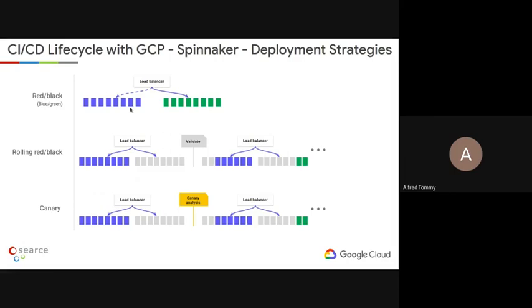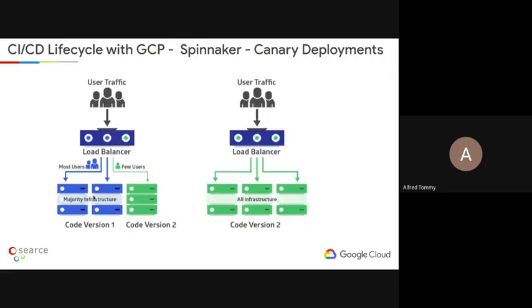So rolling red-black is actually very similar to canary. So I'm going to talk more about what a canary deployment is. I'm sure most of you already know what a canary deployment is, but for those of you who don't know, the term actually has its roots from the olden days when coal miners used to mine into these deep shafts and these deep quarries, and they would essentially keep a cage with them, and in that cage it would have a few canaries, right?